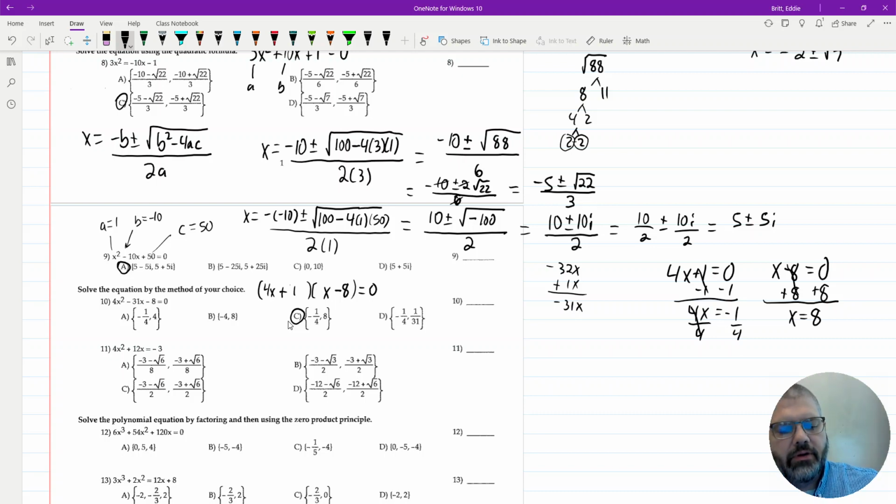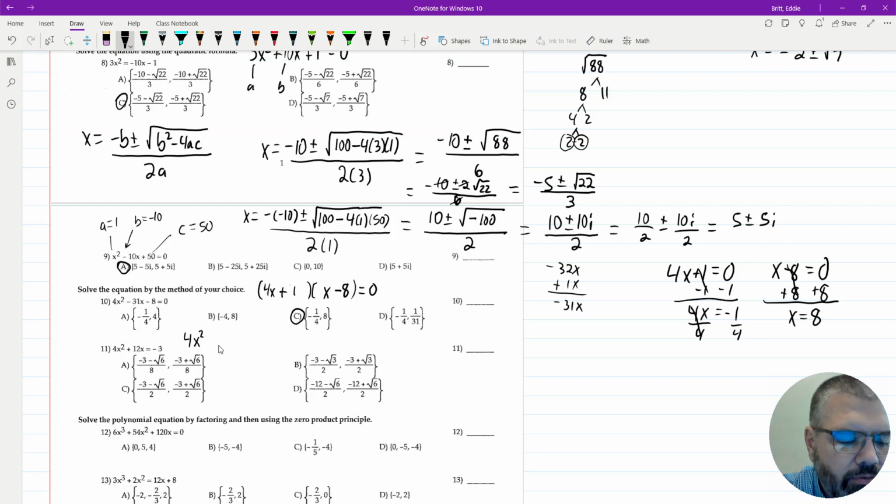Now when I look at number 11, I look at all of those answers, and I probably want to use the quadratic formula, because that's not going to factor, because I have square roots in my answer and all that. So before you can use the quadratic formula, you have to make sure you have this set equal to 0.